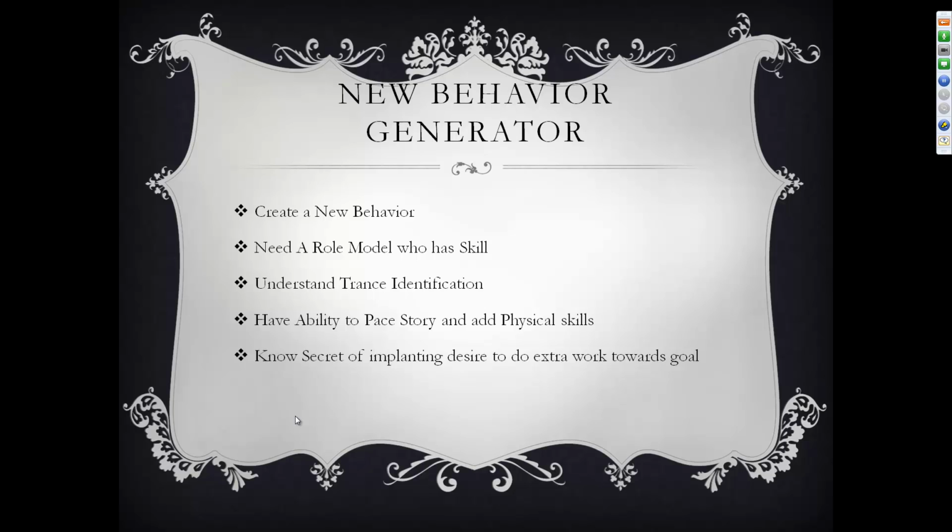And what most people forget when they're doing new behavior generators is they see the movie of the person doing it. The steps are, imagine your model, see your model. Let's say it's a baseball player who wants to hit better. See your model come to the batter's box, do all this, and then see the movie of them doing it. That's the very first level people would teach.